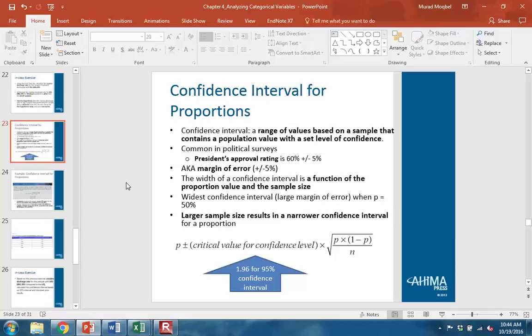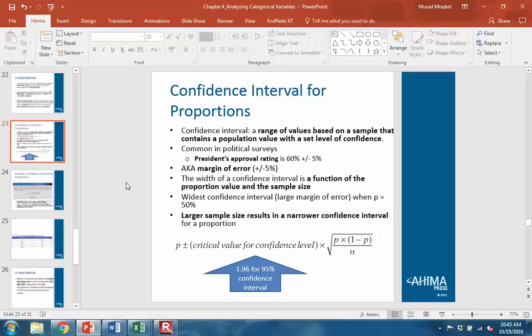We said if the p is low, the null must go. So our conclusion will be based on the p-value in all the tests that we will be working on from the start of inferential statistics all the way until we finish this class. Based on the p-value, we will decide whether to reject or not reject the null hypothesis. That was everything we have talked about in a nutshell.